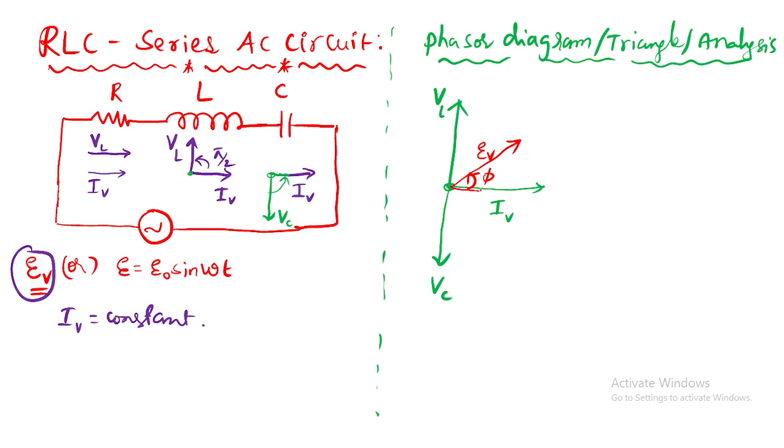And across this, the same line I will draw VL. VR, can I write? The potential drop across the resistance is VR, like this. Did you understand the phasor diagram or not? Simple. We are not drawing the complicated one with the peak value, but we are drawing with the virtual value. Is it clear?